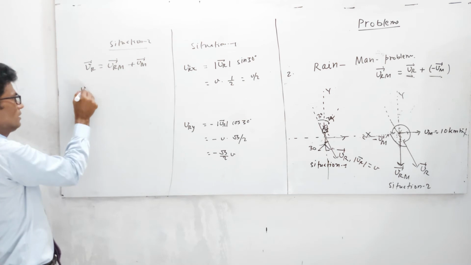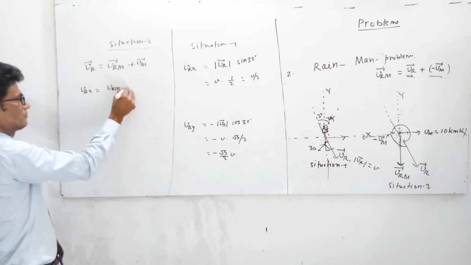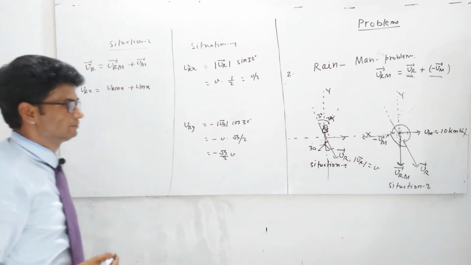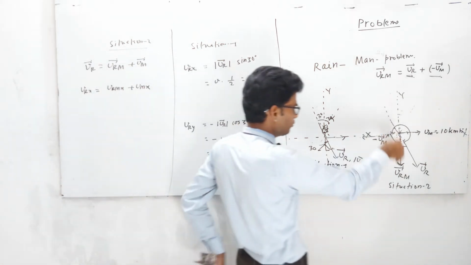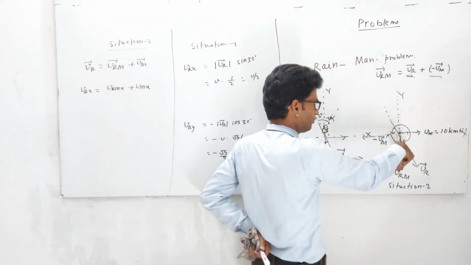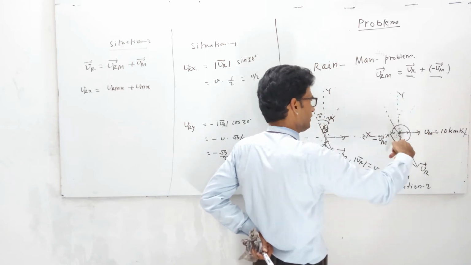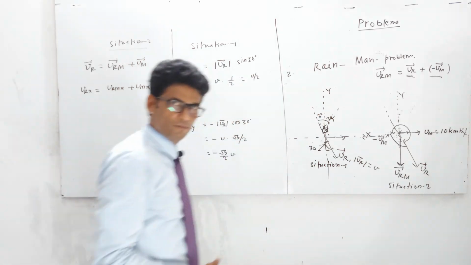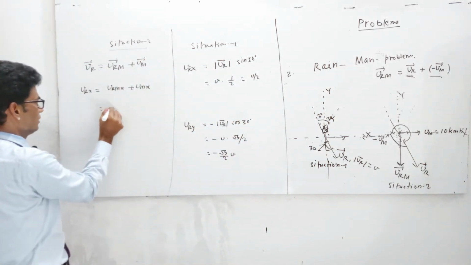So here Vrx equals Vrmx plus Vmx. Look at here. The velocity of rain with respect to man in situation 2 is vertically down, so either this way 90 degree or by the trigonometrical method 270. The cos of 270 or cos 90 gives you 0. So this comes out to be 0 here.